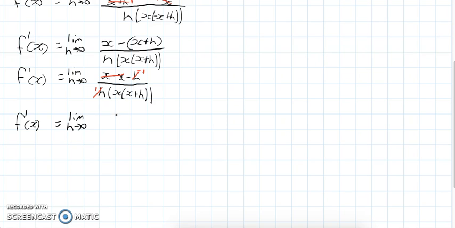Now we're going to have minus 1 over, let's expand this out, x squared plus x h. So now we can go through and look at putting 0 in, and we should end up with something. Minus 1 divided by x squared plus x multiplied by 0. As it gets closer and closer to 0, it's not going to make any real difference.